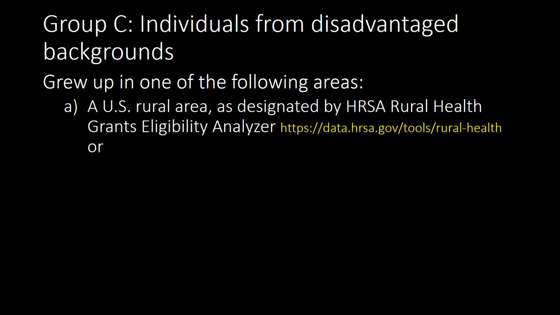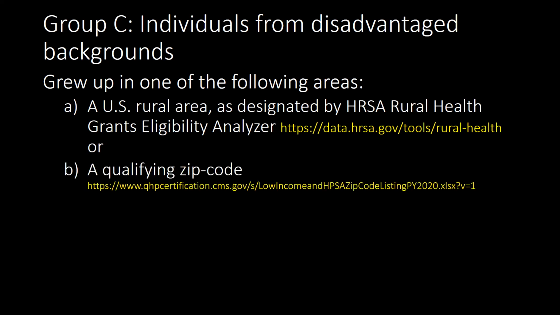So you can actually go to this website, type in your zip code, and it'll tell you if you're in a rural area. I put in mine, because I live in Vista, which I don't think is that rural, but apparently it's considered a rural area. Both my parents did not graduate from college, so I am considered a disadvantaged background, which I never thought I was.